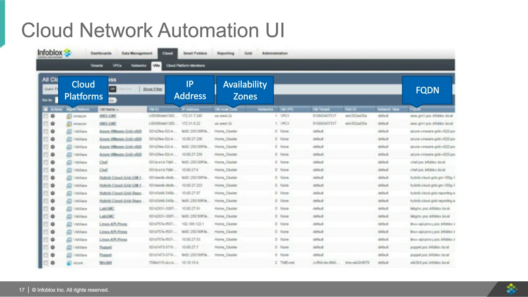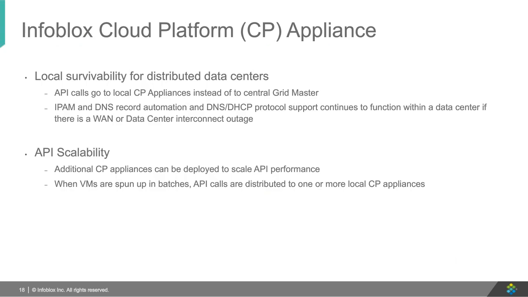Now we also have a very unique appliance that we call the CP appliance, or the Cloud Platform Appliance. Cloud Platform Appliances are nothing but the normal grid members that we have, but these CP appliances come with two additional functionalities. First, you get local survivability for your distributed data centers.